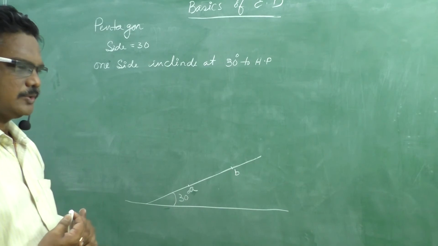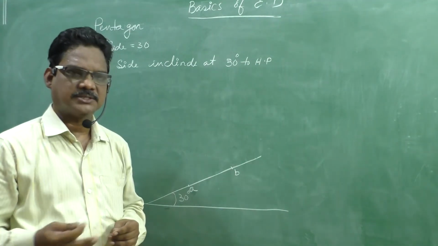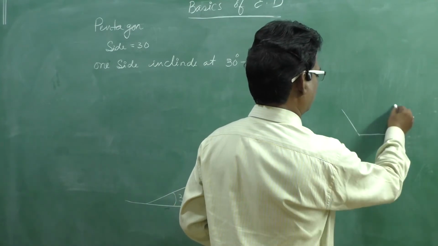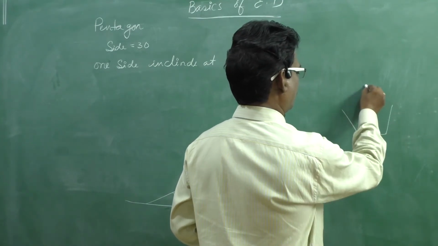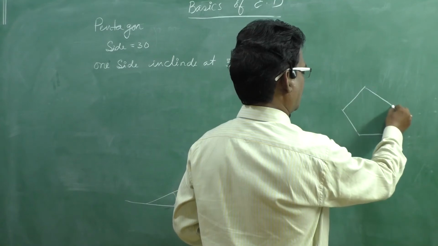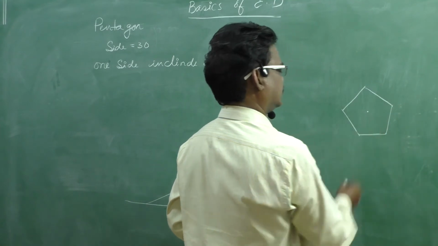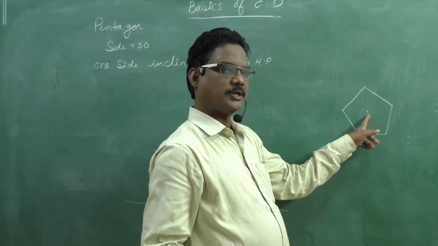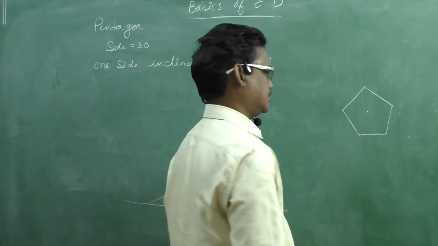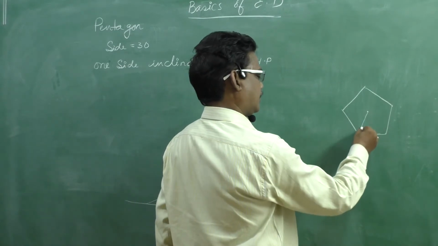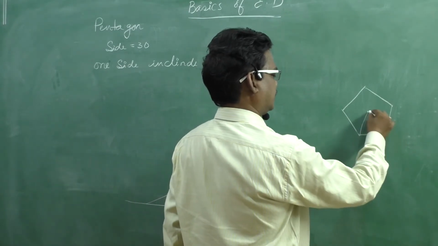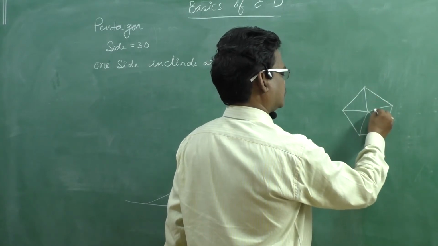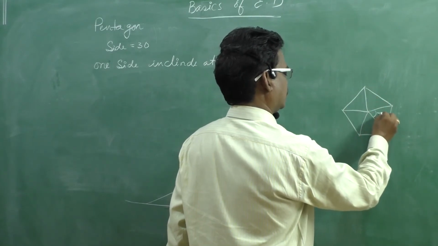Okay, you can calculate. Suppose you consider a pentagon, and this is the center point of it, and we know the angle at the center point is equal to 360 degrees. Okay, if you draw radial lines from here, each one is equal to 72 degrees.